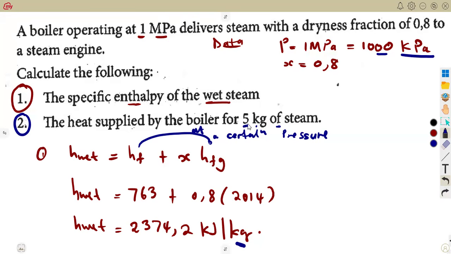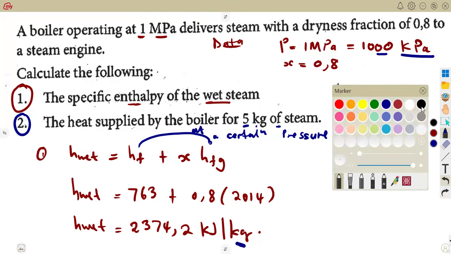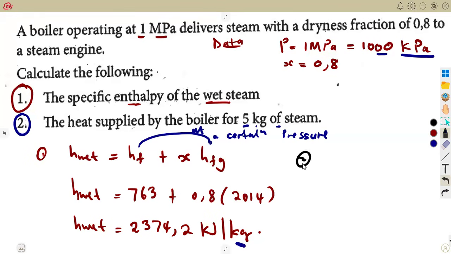So what about if we have got 5 kilograms? What is the amount of heat that we are going to need? That is the question. So the amount of heat that we are simply going to have, which can be written as Q, is simply now the mass times the enthalpy that you are given. So in this case, we're talking of what? H wet.